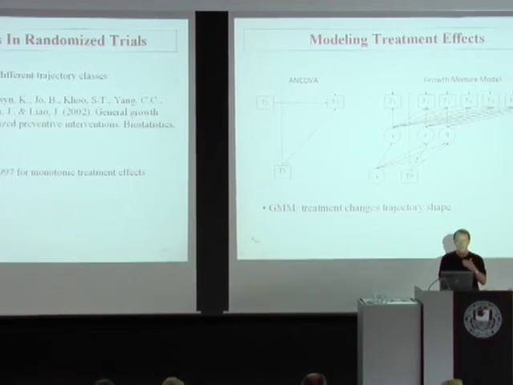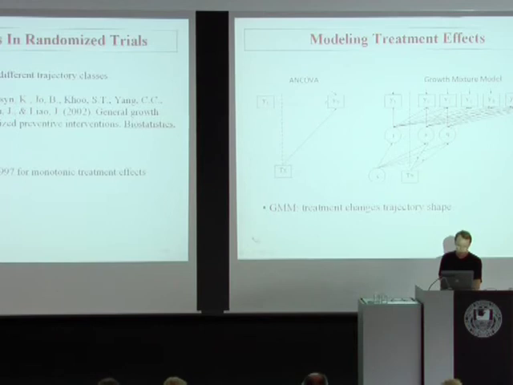That doesn't mean you have to subset your sample into very small parts and check for whom it's effective. But you can do this subsetting within the modeling through mixture modeling.